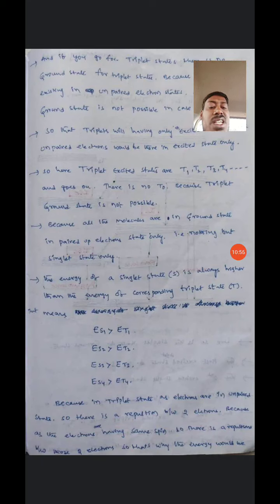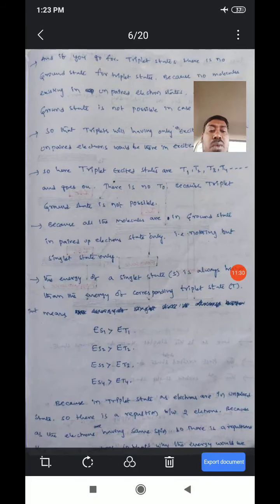So here the energy of a singlet state is always higher than the energy of the corresponding triplet state. That means the energy of S1 is greater than the energy of T1, ES2 is greater than ET2, ES3 is greater than ET3, ES4 is greater than ET4.